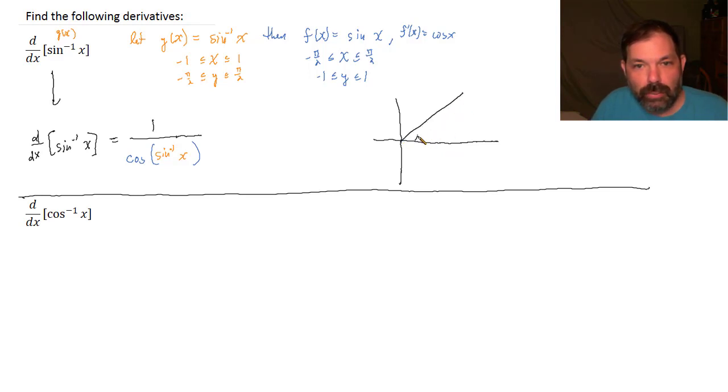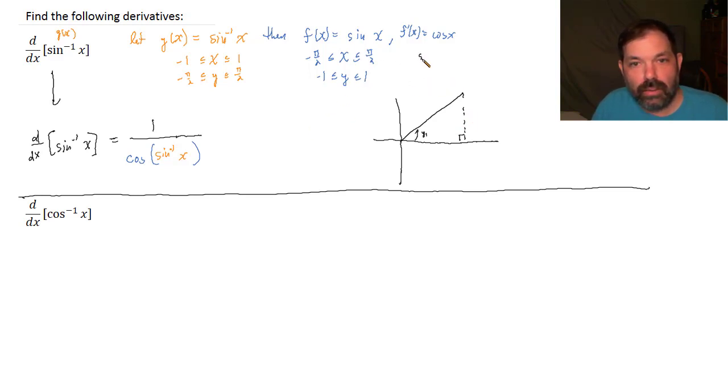If we had this one, let me call this my y1. There's my y1. It's some angle. And I can build a reference triangle where the sine of y is equal to x. The sine of y, we tend to think of as opposite over hypotenuse.